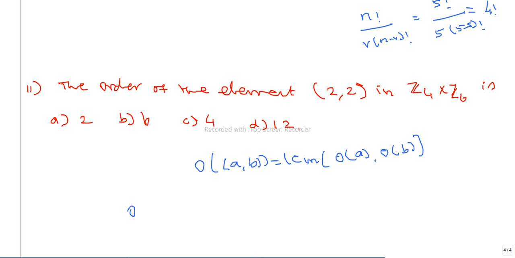The order of 2 in Z6: we add 2 three times, then only we get 0, because 2 plus 2 plus 2 is 6, which is 0. So the LCM of 2 and 3 is their product, 6. Therefore 6 is the order of this element.